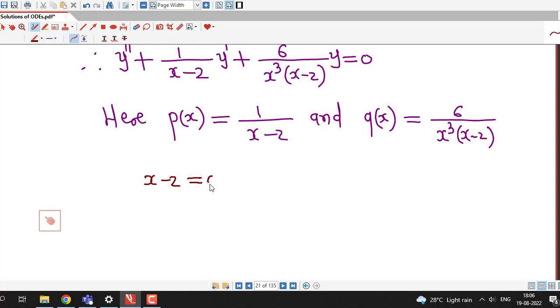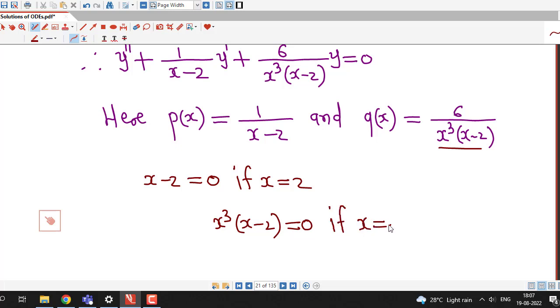The denominator of p(x) is x minus 2, so p(x) is not analytic where x minus 2 is 0, that is x equal to 2. Similarly, the denominator of q(x) is x cubed into (x minus 2), which is 0 if x equal to 0 or x minus 2 equal to 0, that is x equal to 0 and x equal to 2.